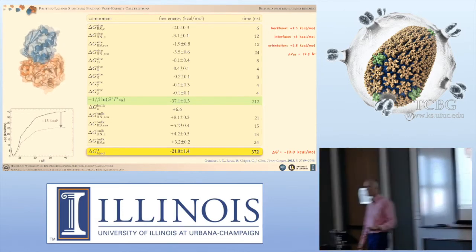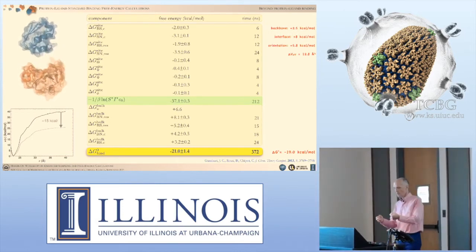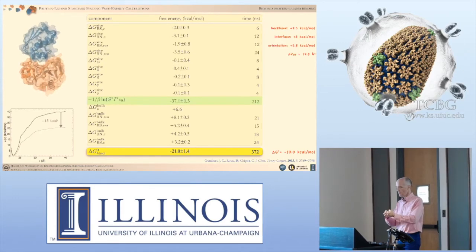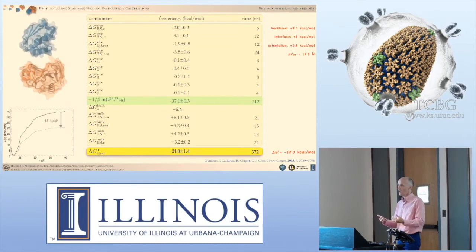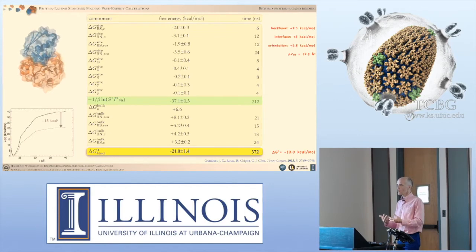And the reason for that is as you bring them together and separate them, bring them together and separate them, at some point they lose memory of the network of salt bridges. And so the key salt bridges that are responsible for the barnase-barstar interaction, they disappear.